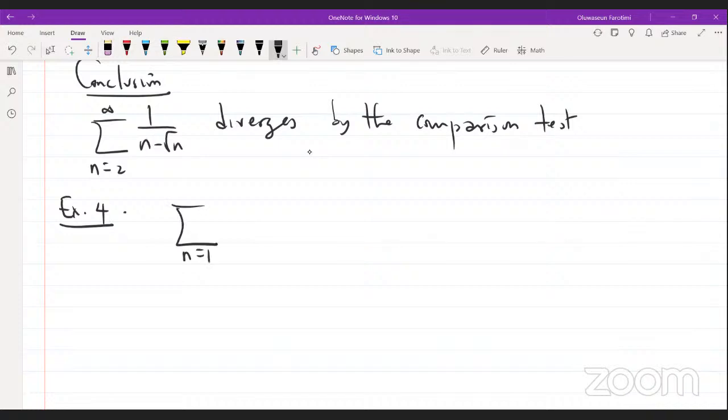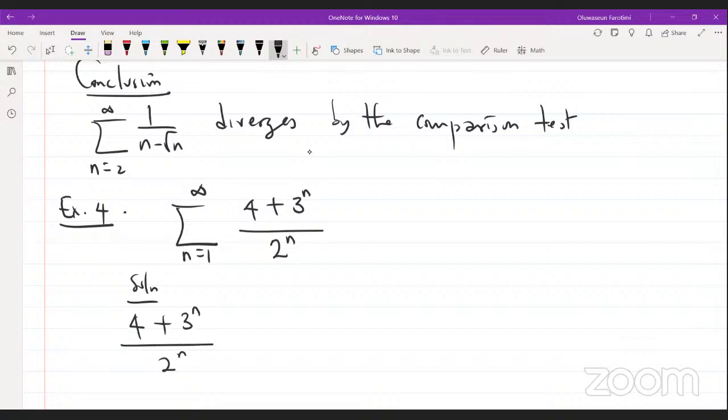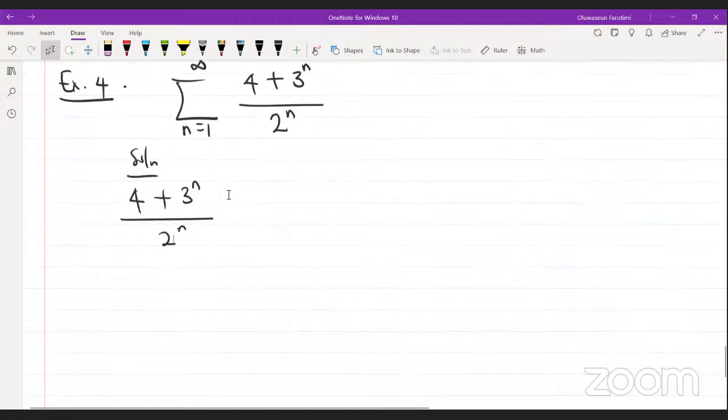We're attempting to answer the same question of whether it converges or diverges. Solution. What am I going to do? Pick the nth term, 4 plus 3 to the n over 2 to the power of n. Take a look at the top. As n increases, the biggest guy on the top is 3 to the power of n. The bottom, you just have 2 to the power of n.